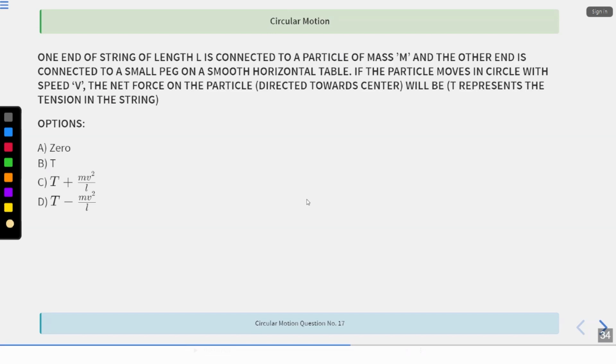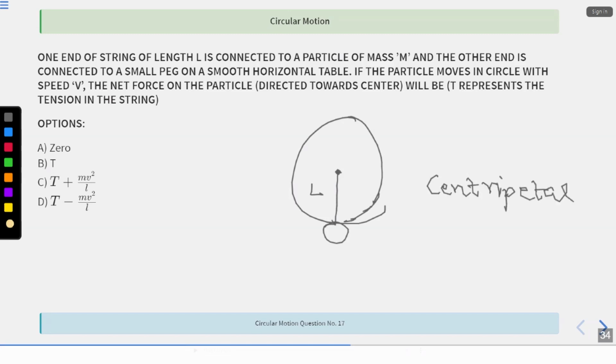So it is directed towards the center. We had seen a similar question, right? So let's just say this is it, and this is the particle, and then this is the length L. So we know that the centripetal force is nothing but mv square by L. It is produced by the net force that is provided by the tension.